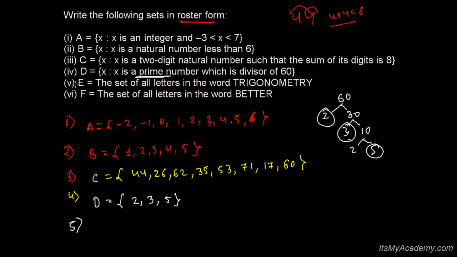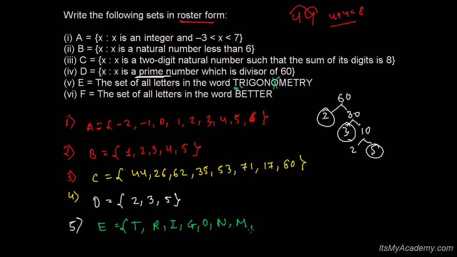Our fifth set is E, the set of all letters in the word trigonometry. Set E, and I have told you already the rules: no duplication and no mention of order. So first T is a member, then R, then I, then G, then O, then N, then again O is there, but we don't do duplication, we don't repeat it, so we can cancel it.